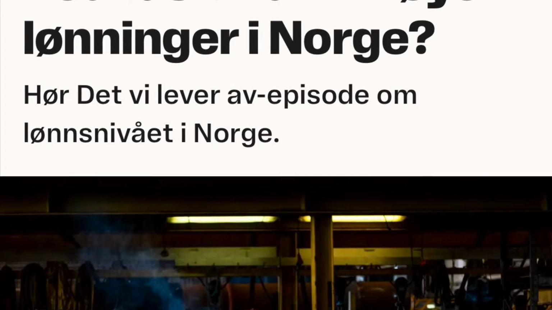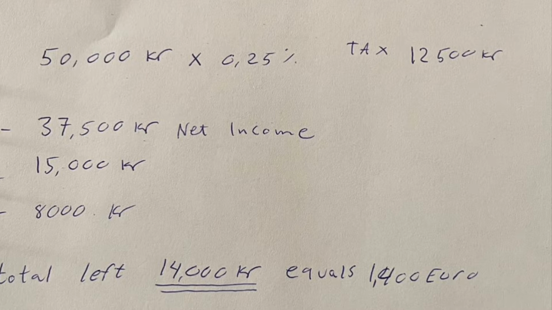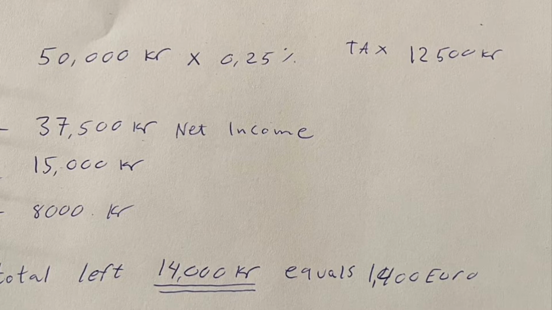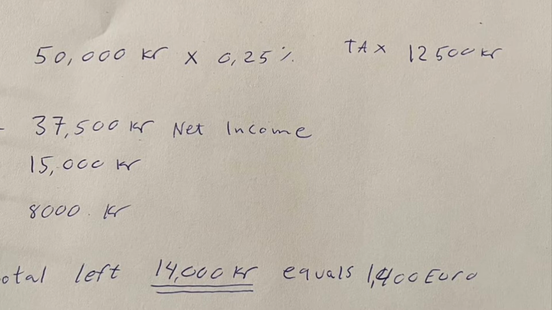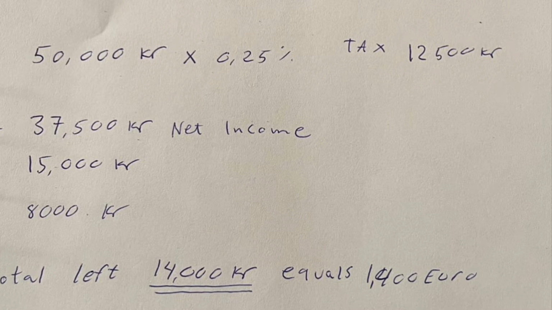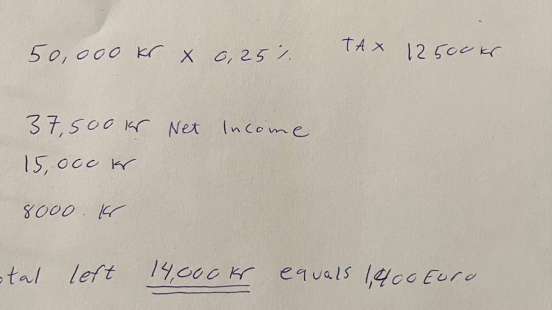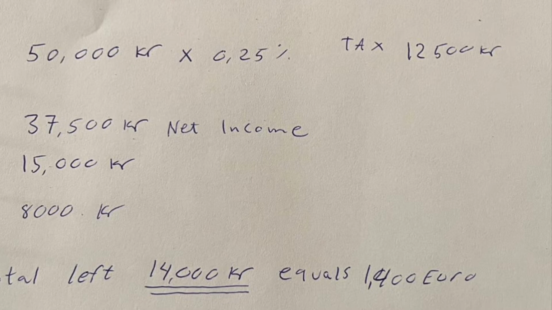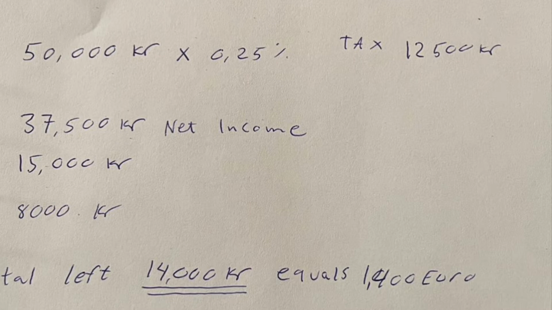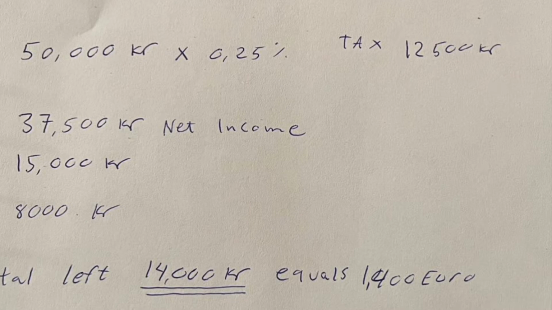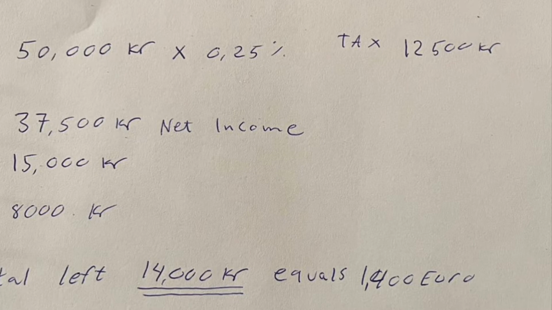As you can see, we have an income sheet where I have written down some values, and if you look closely, you will see the first number is 25,000 kroners, which equals around $2,500, I would say. And the 0.25 is actually the percentage you have to be taxed on.